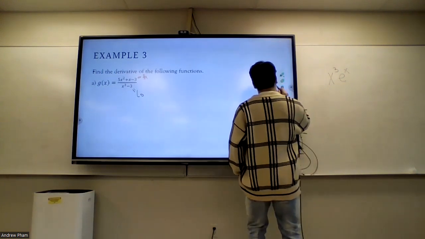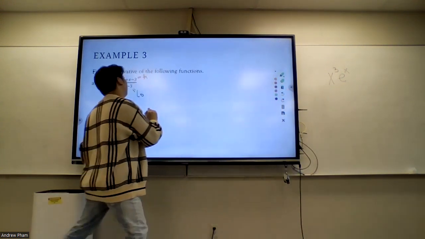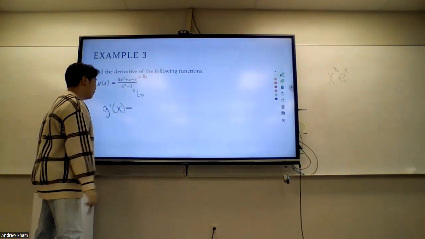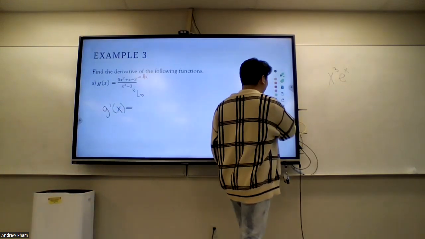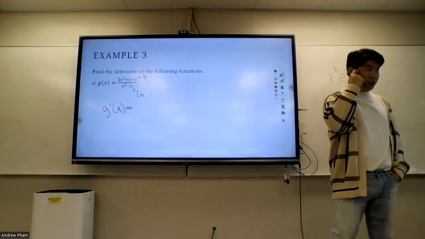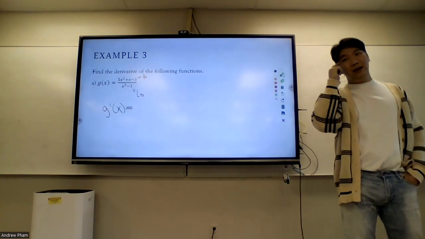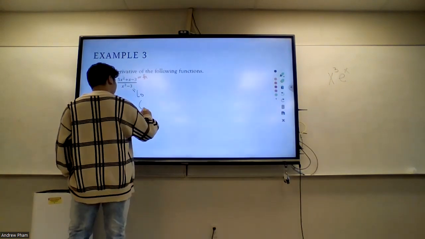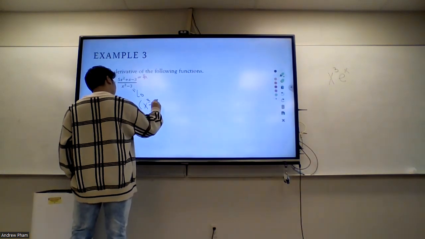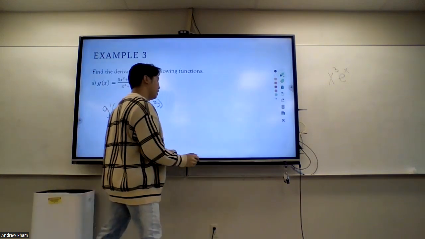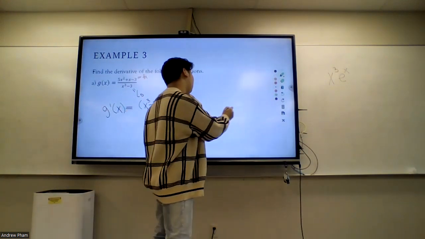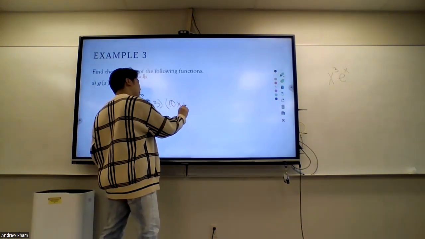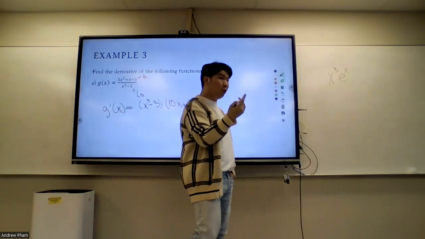So if I want the derivative g prime of x, then I just follow my quotient rule, which states that the derivative of a quotient is the low, or in this case x cubed minus 3, times the derivative of the high. Where's my d high? Yeah, 10x plus 1, again just applying our power rule.